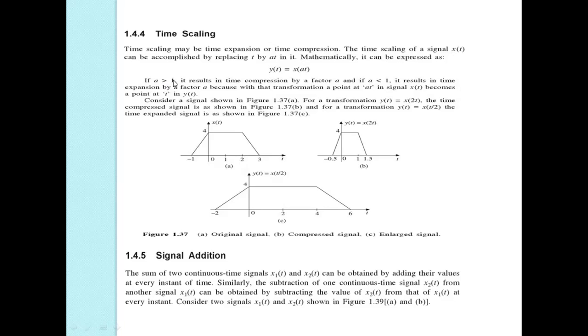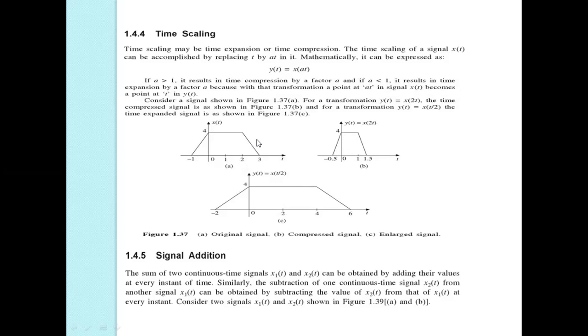If a is greater than 1, it results in time compression by a factor of a. If a is less than 1, it results in time expansion by a factor of a, because with that transformation, a point at a t in the signal x of t becomes a point at t in y of t.